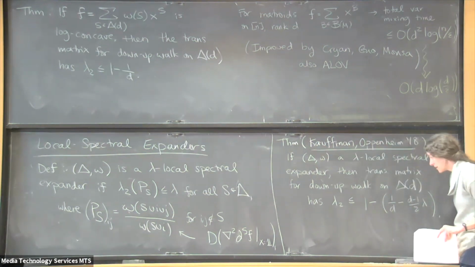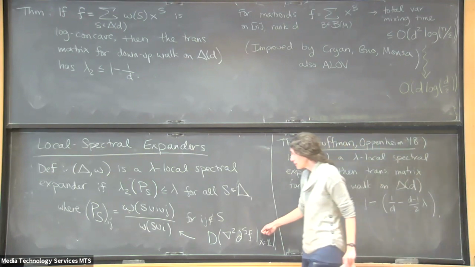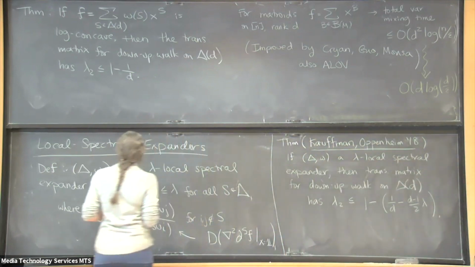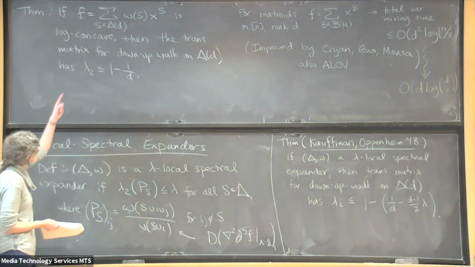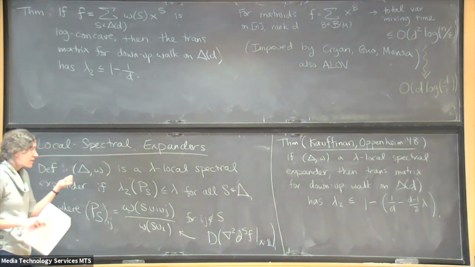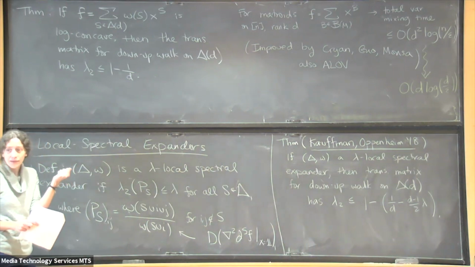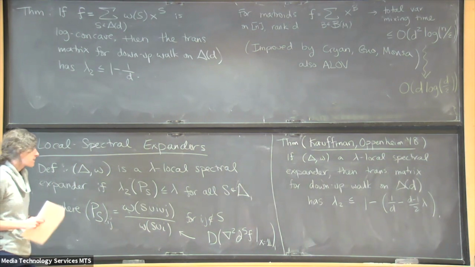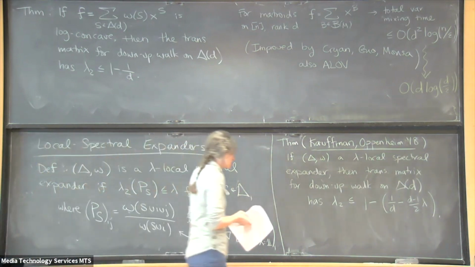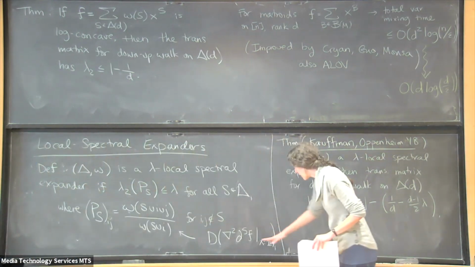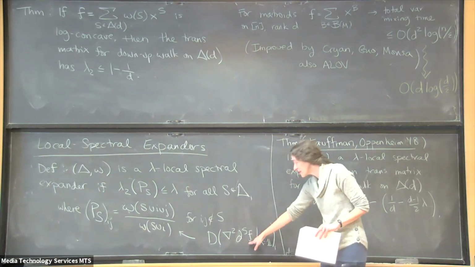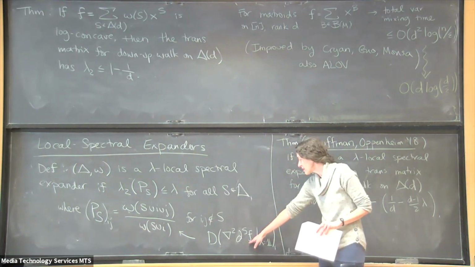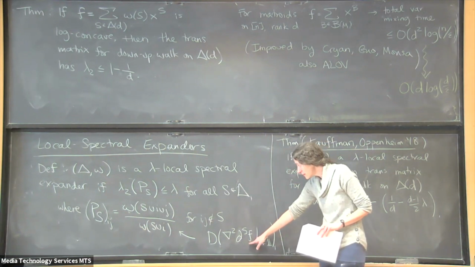And in particular, if this generating polynomial is log-concave, we're interested in the lambda equals 0 version of this. The Hessians of derivatives are going to have second eigenvalue less than or equal to 0.